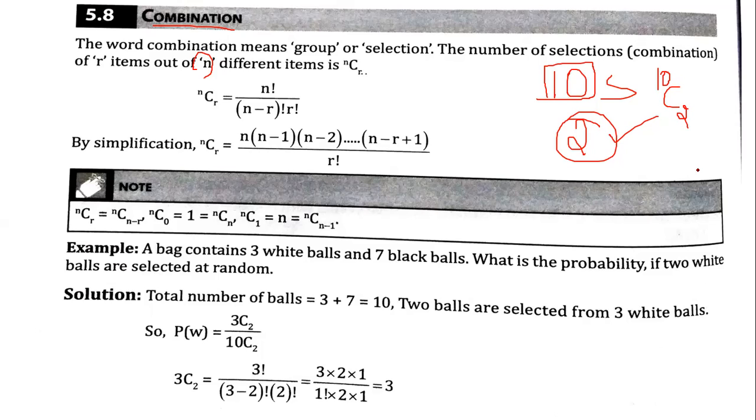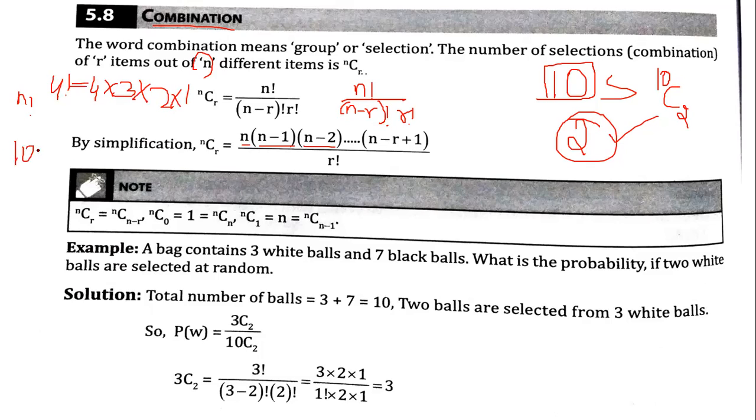Okay, there is a formula to find the combination. The formula is very easy. What you have to remember here is n factorial divided by (n minus r) factorial into r factorial. Now n factorial is nothing but n into (n minus 1) into (n minus 2) and so on. So 4 factorial is nothing but 4 into 3 into 2 into 1.